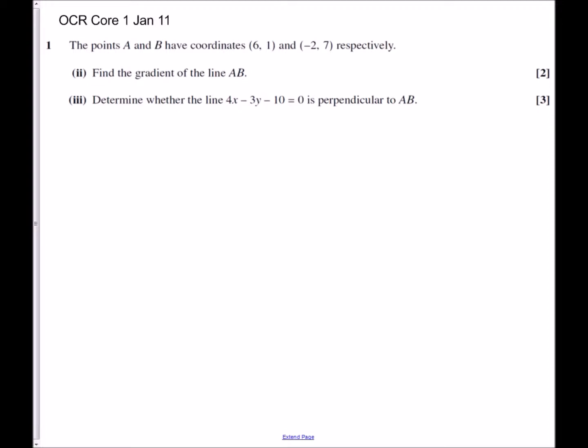So this time we're doing the January 11 paper. The points A and B have coordinates 6, 1 and -2, 7. Find the gradient of the line AB. So again, we're starting at 6, 1. We're going to -2, 7. My gradient is equal to my change in y over my change in x.